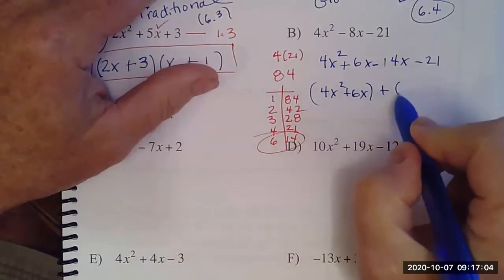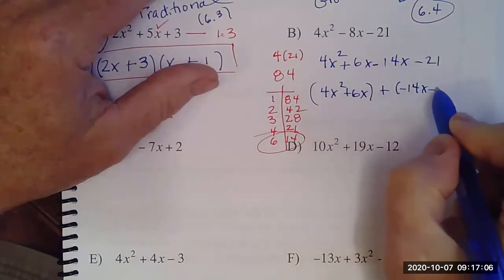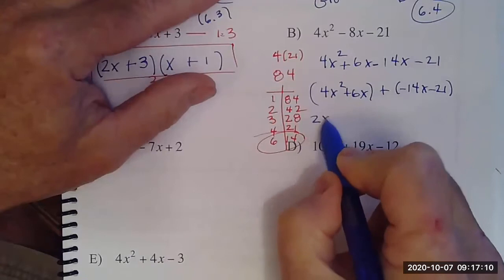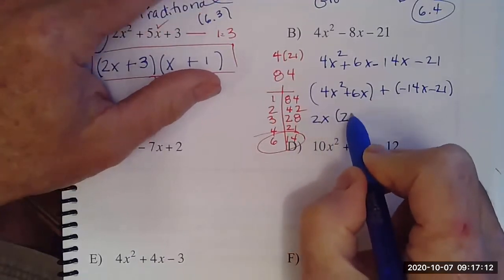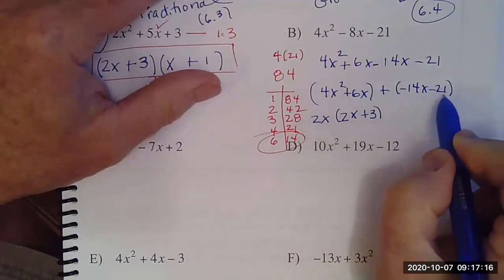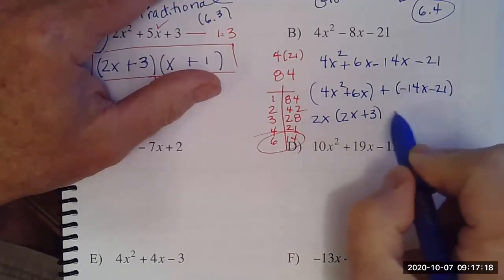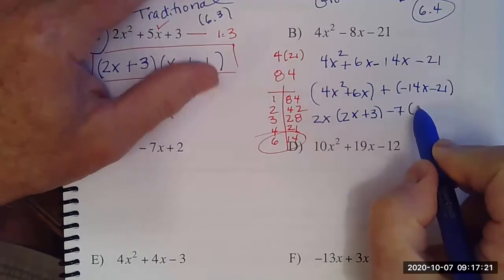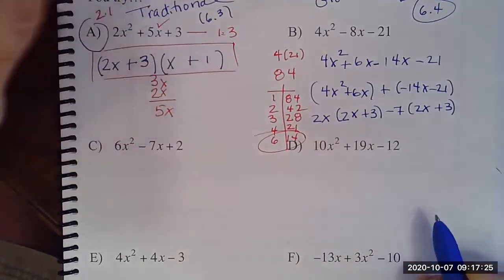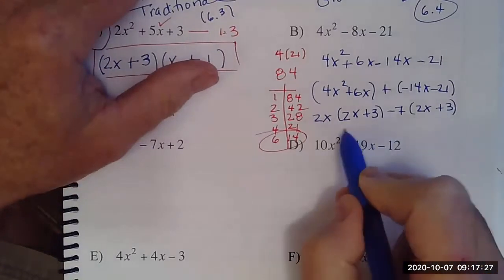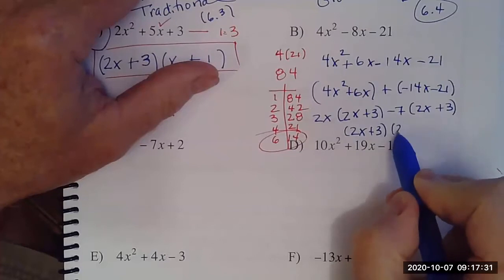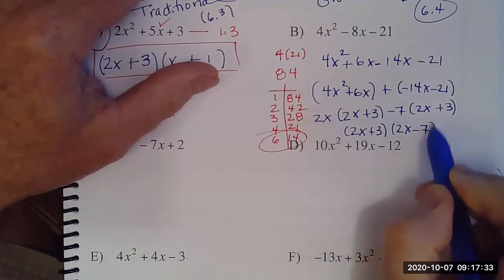Always put a plus sign. GCF for 2 and an x. Pull out a negative 7. Oh, that's good, guaranteed. All right, write down the 2x plus 3. And then what's left over is a 2x subtract 7.